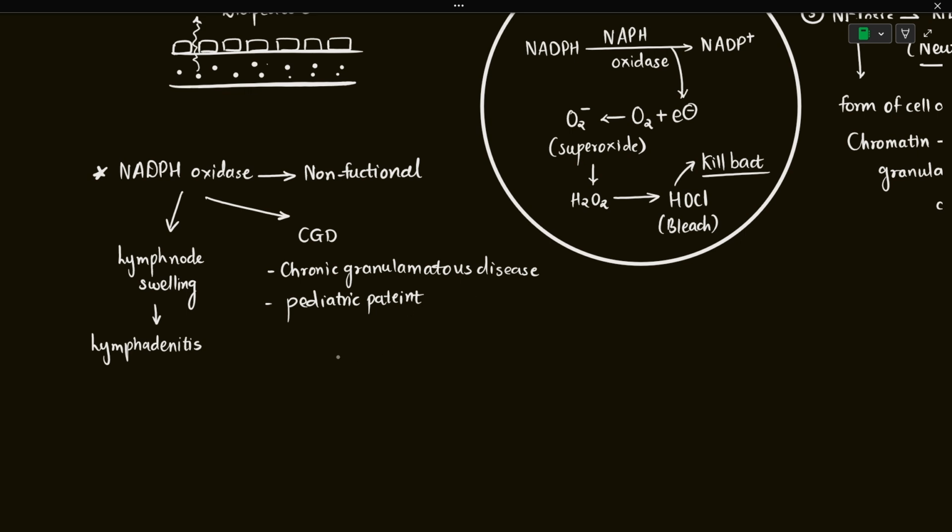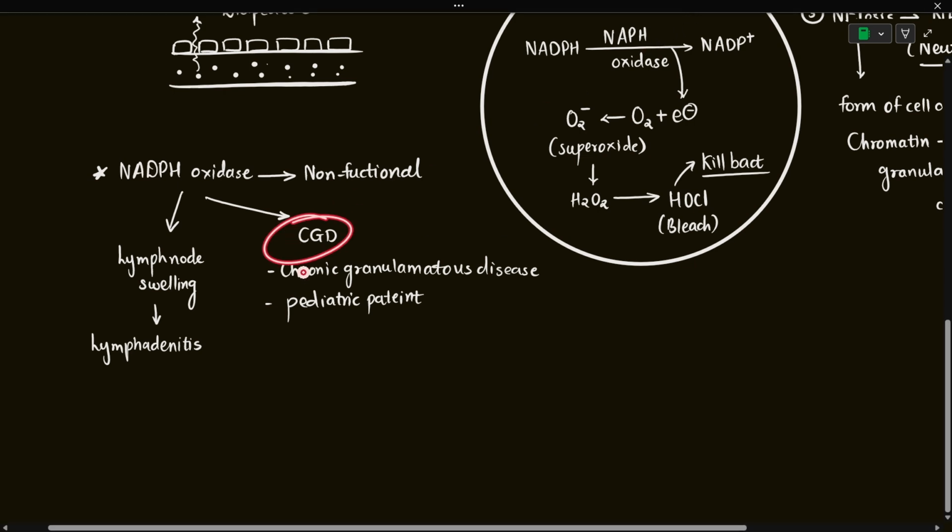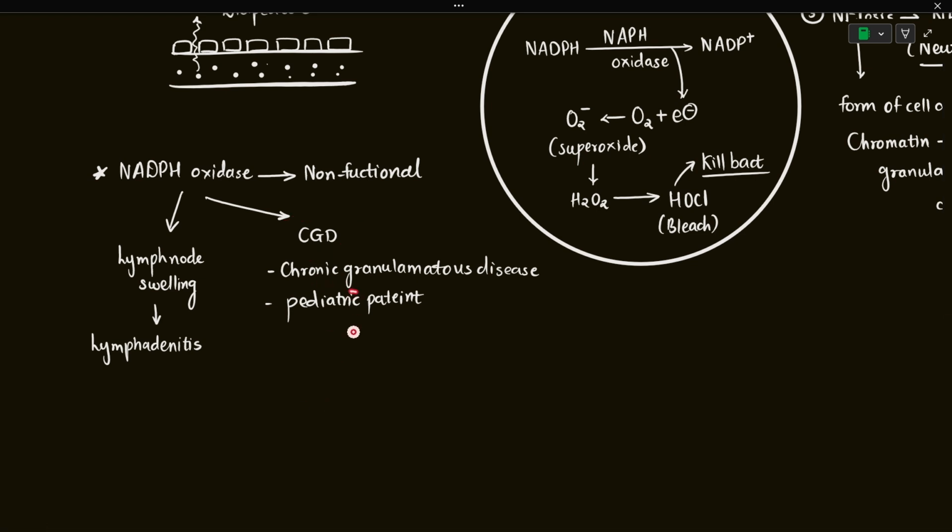We also get infected by those same bacteria and fungi, but they are not that life threatening in our case, because in children the immune system is not well developed, and exposure to them can cause severe consequences, the CGD. That is why pediatric patients are often seen in chronic granulomatous disease.